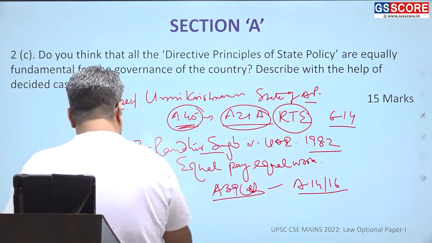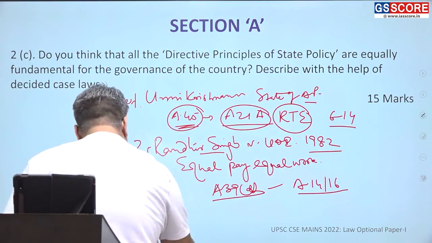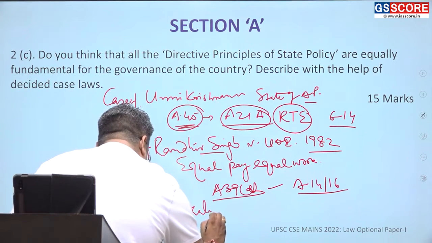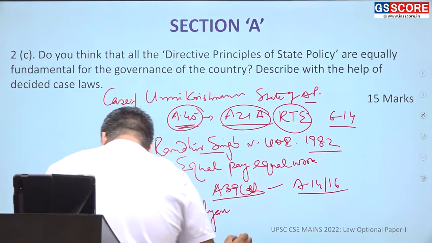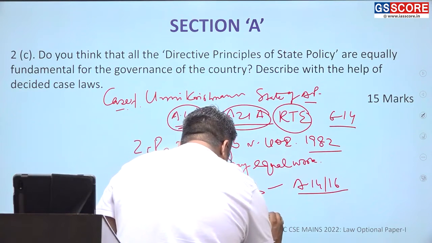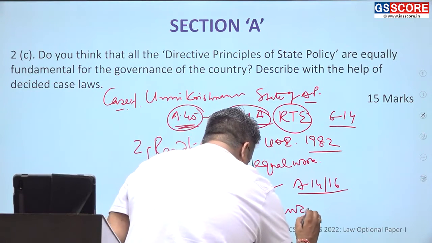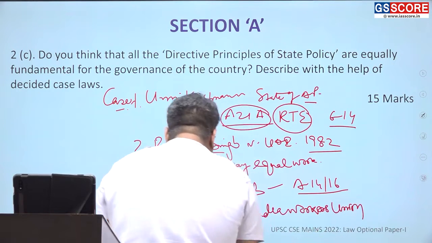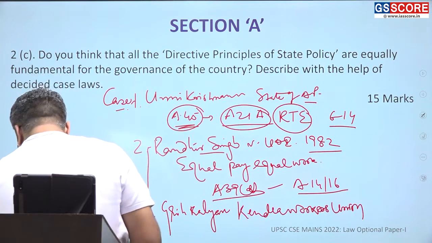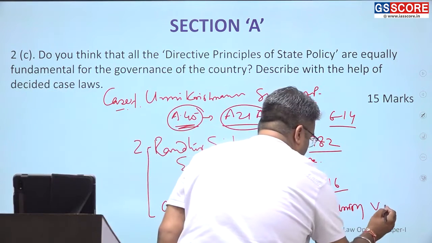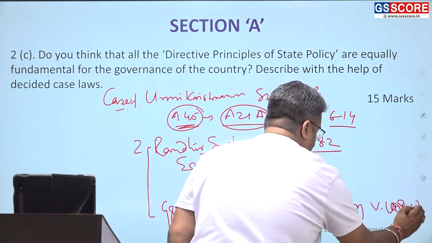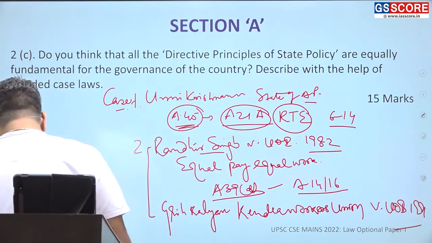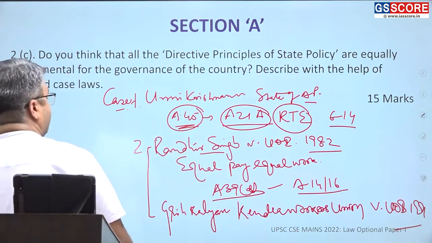And another case you can also refer in the same dimension: Greg Kalyan, Kendra Workers Union versus Union of India, 1991, whereby the same kind of matter was there about equal pay, equal work.